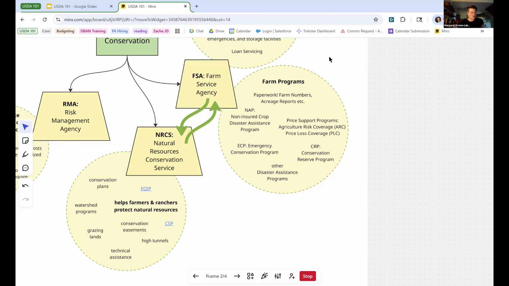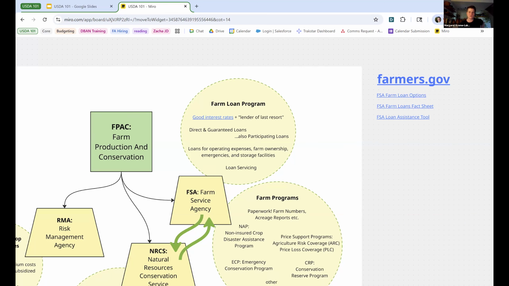We're going to talk more about the farm loan program. It's really important to know the constellation of risk management and other potential resources a farmer can offer.